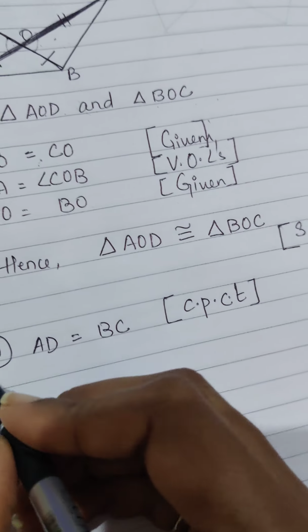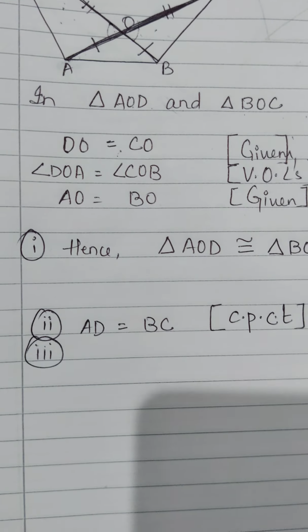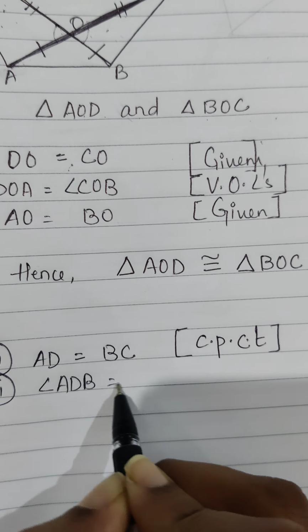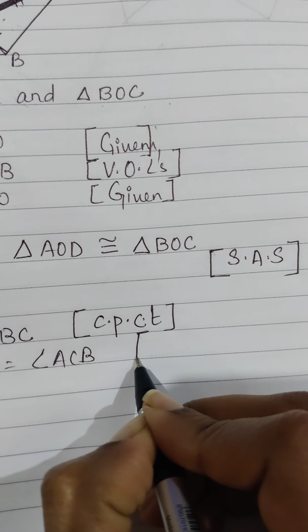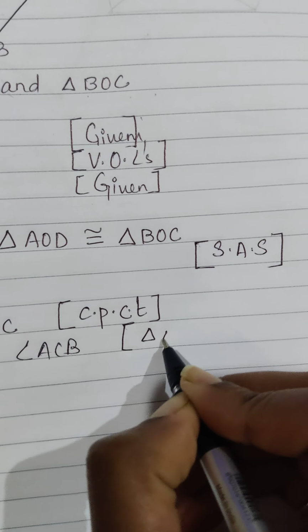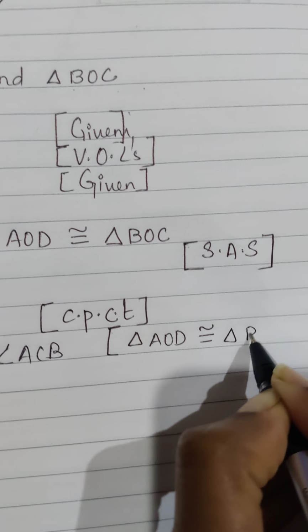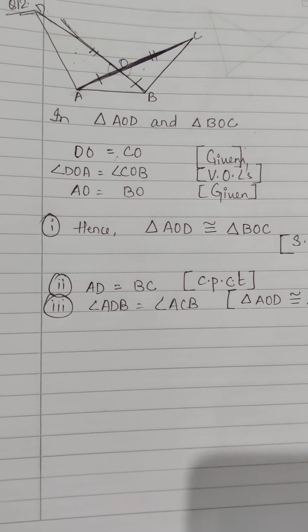So we can write here angle ADB is equal to angle ACB. The reason is triangle AOD is congruent to triangle BOC. This will be the reason for it.